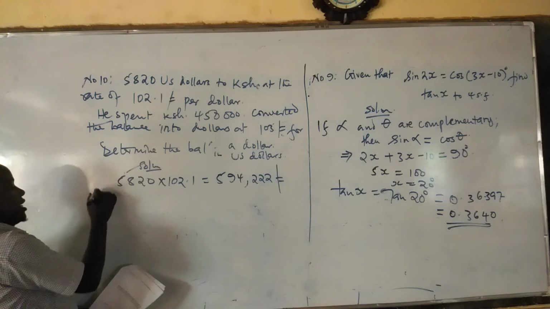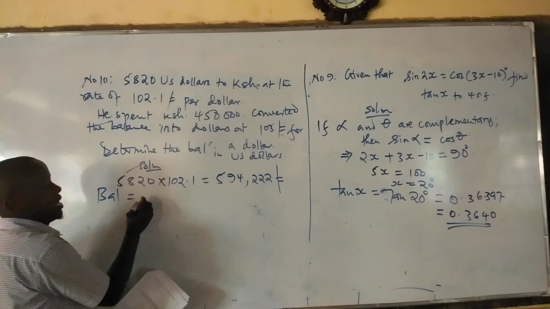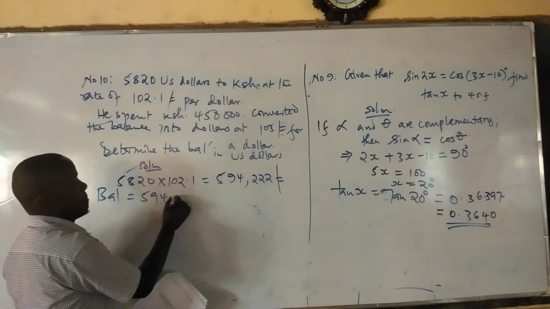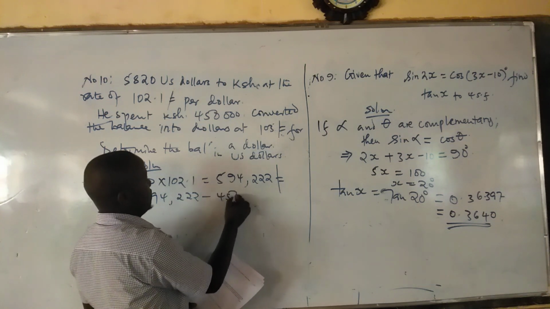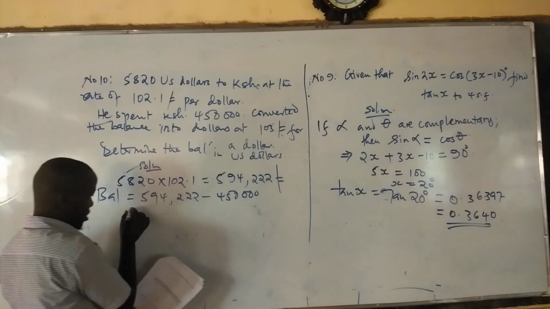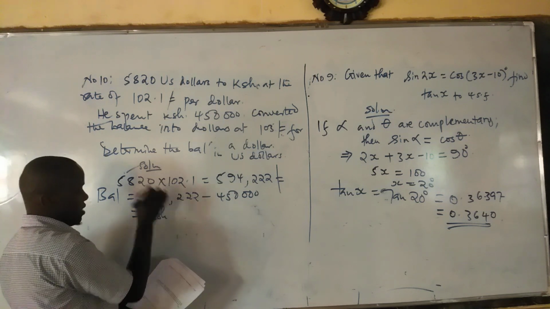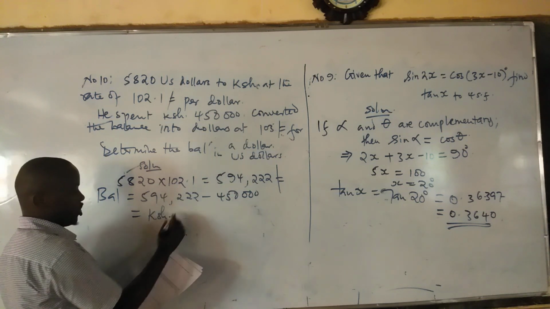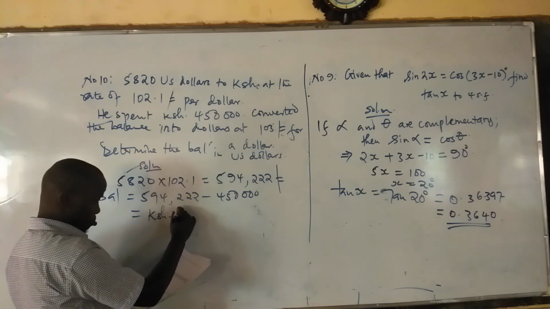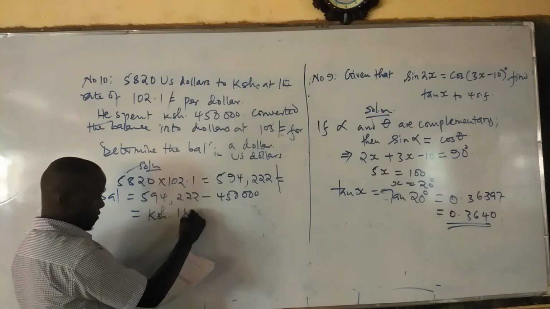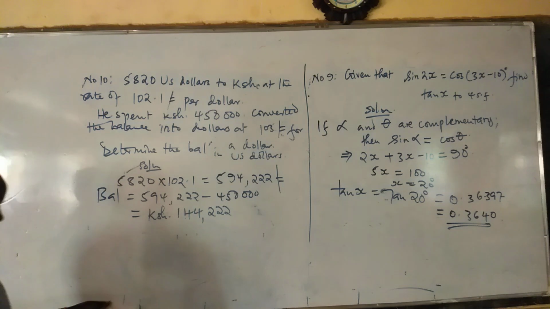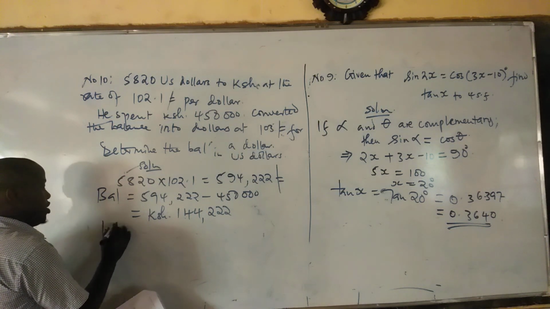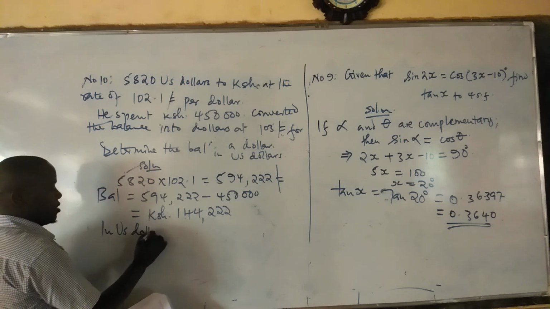Now we can check the balance, because while in Kenya the amount this person spent is 450,000. Then the balance in Kenya shillings is 5,492,220.